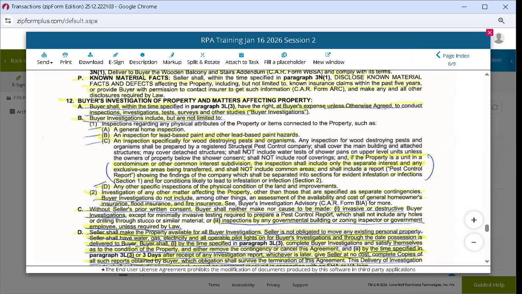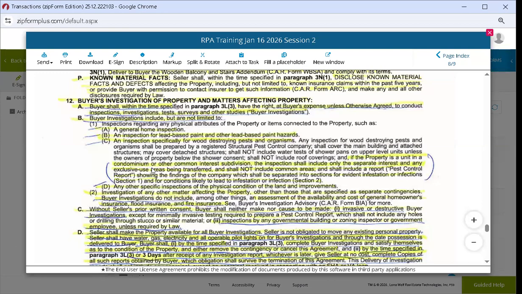Remember, if you're representing somebody on a townhome or condo where the exterior is handled by the HOA, it's only the interior inspection. It says it in here, but I like to put that in the counter. If they've asked for it, I will put interior inspection only for the termite, okay?